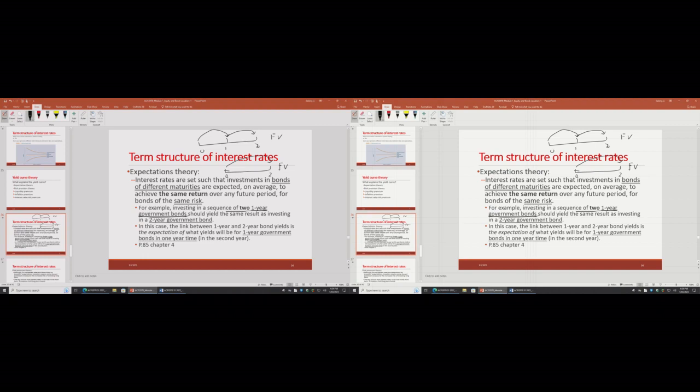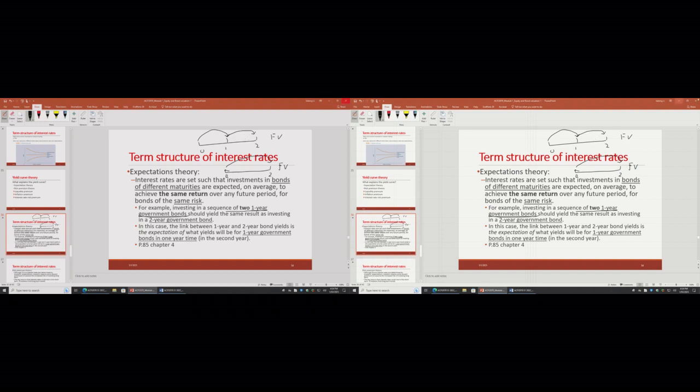So no one can know what return you can have when you make an investment one year later. You can only have an estimation, a projection, or an expectation. And by having this term structure, we imply our expectation of this return.